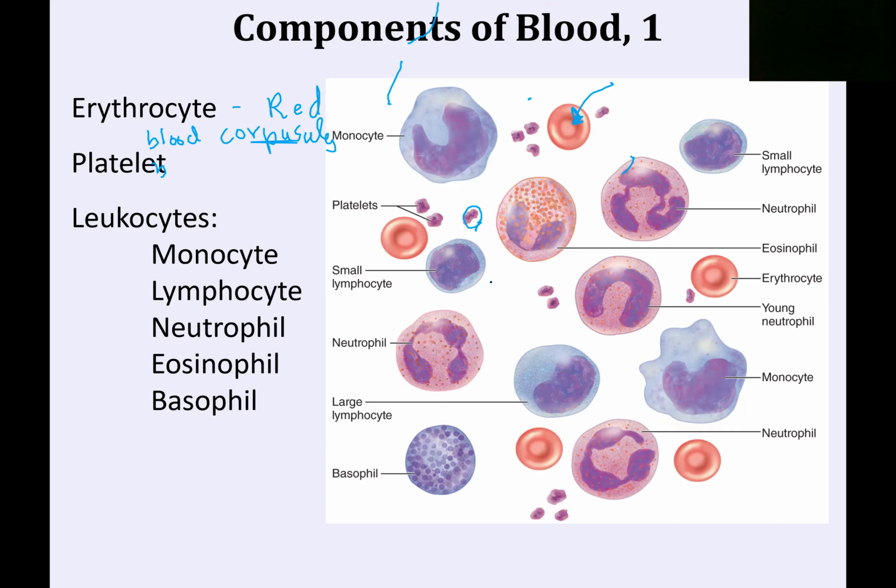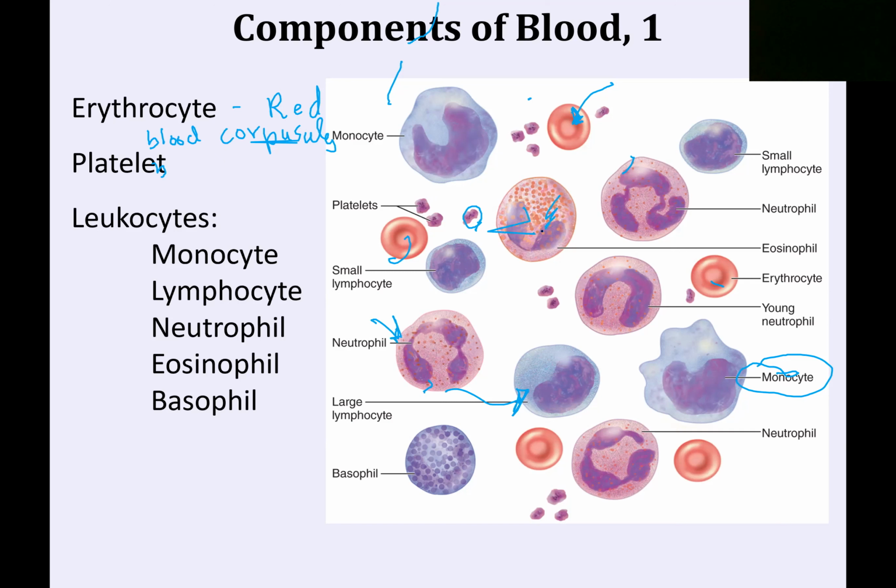Leukocytes. Monocytes are the biggest of the leukocytes. Lymphocytes are the second most numerous. Neutrophils are the most numerous.